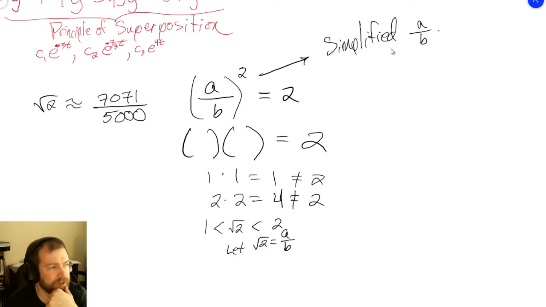Yeah, so the assumption was that a over b is a simplified fraction, and that therefore a squared, this stuff being true, makes a squared equal to 2b squared. Because a and b form a rational number, a and b individually must be integers.